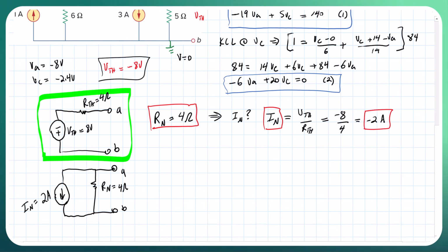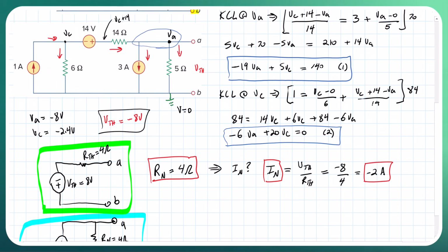Again, we could have redrawn this arrow up and said minus 2. Either way works. Just be consistent with the way you are labeling your circuit, and that's how you solve this problem.